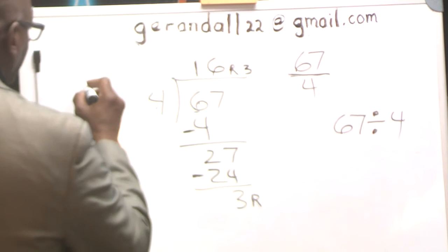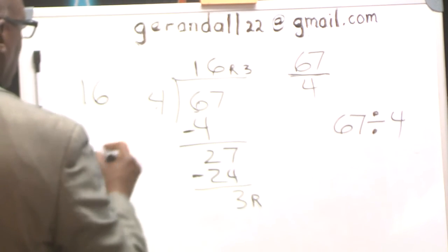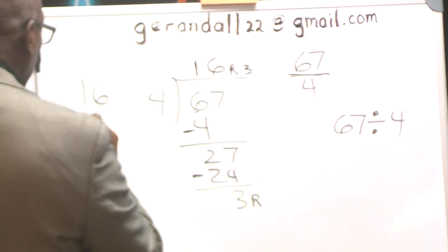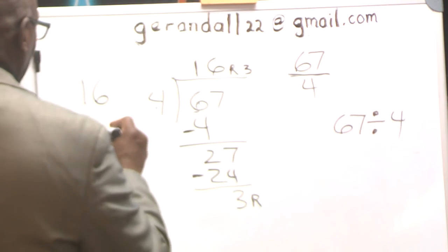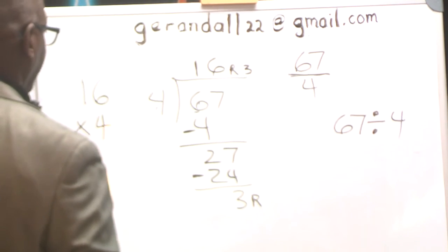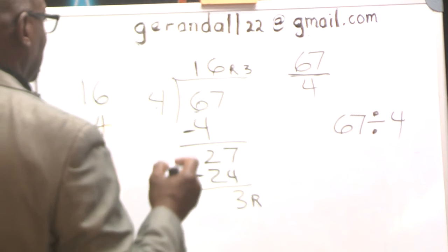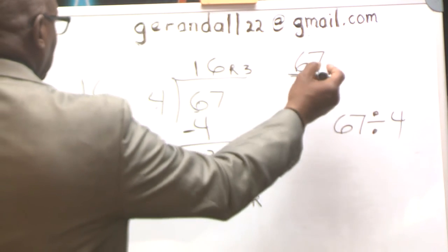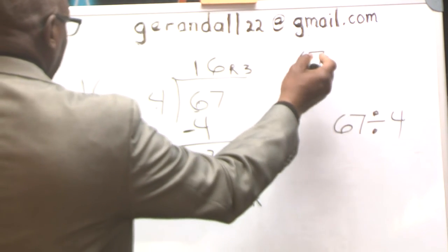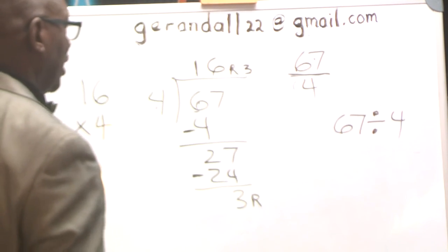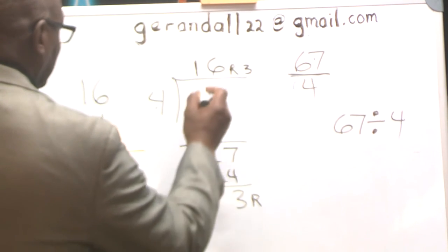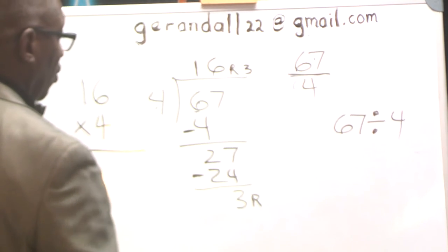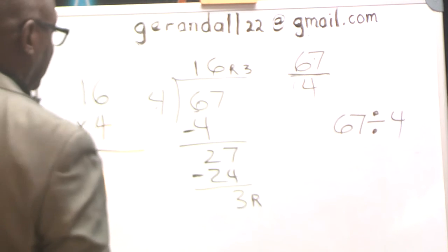And again, checking, multiply, because it said how many. The question was, how many 4s can we get out of 67 without going over? In this case, we said 16 with a remainder of 3.